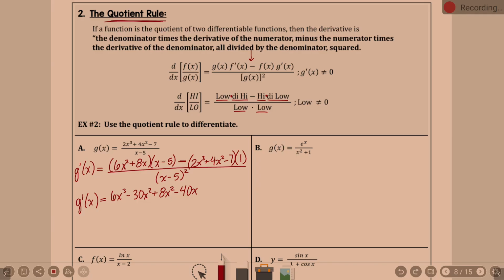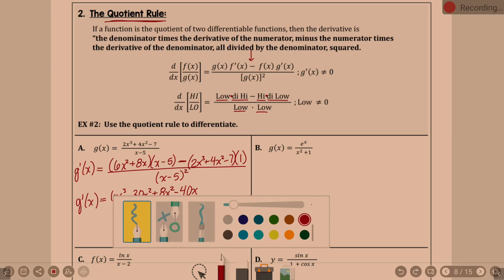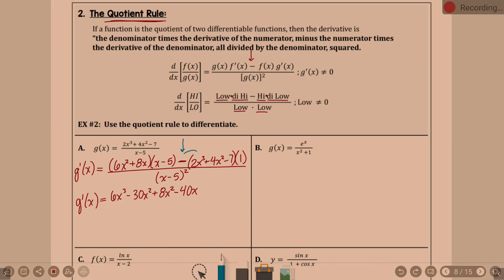Did you pay attention to that minus sign in the middle? That minus sign is going to have to distribute to everything, yes? And we're just multiplying by 1, so that's easy at least. So minus 2x cubed minus 4x squared plus 7.